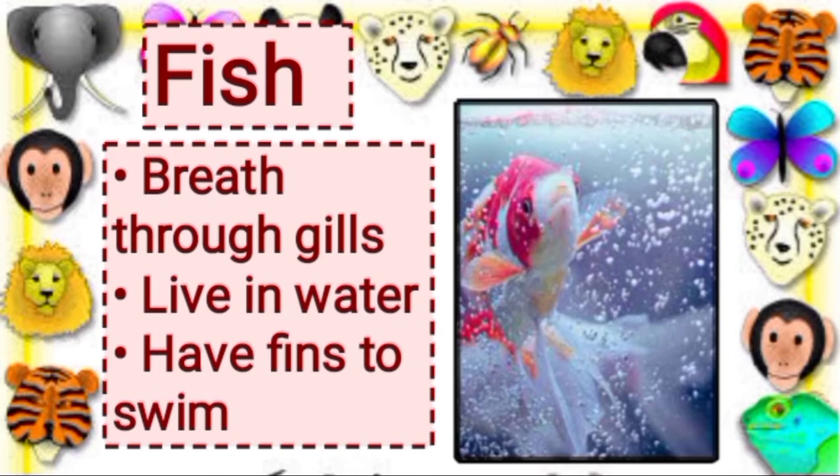They have lived on earth for more than 450 million years, and there are more than 24,000 species or kinds of fish.